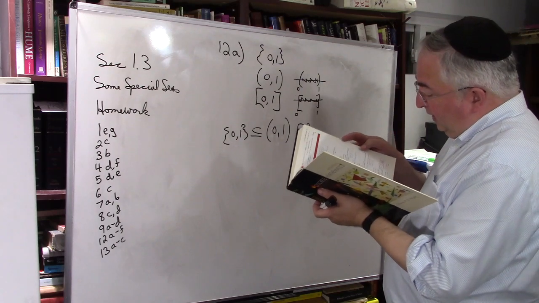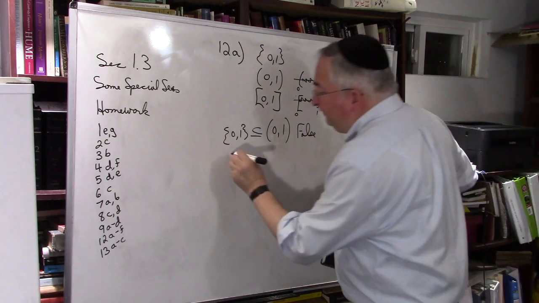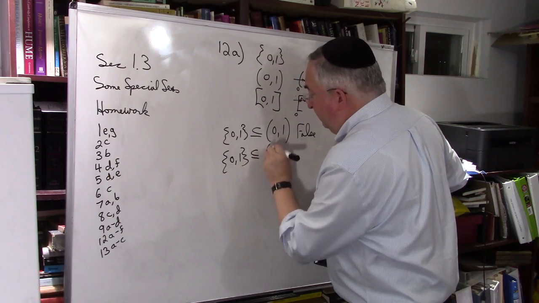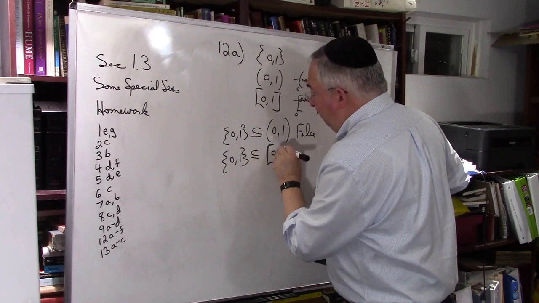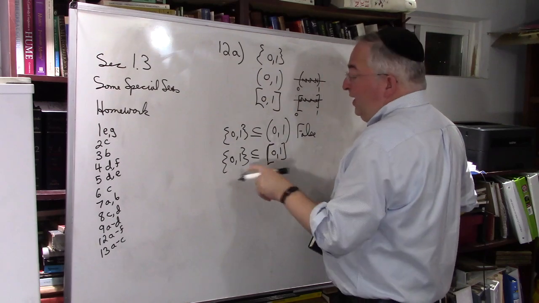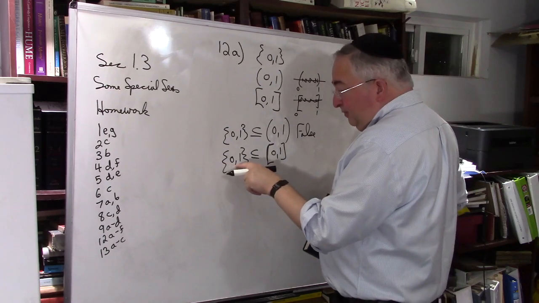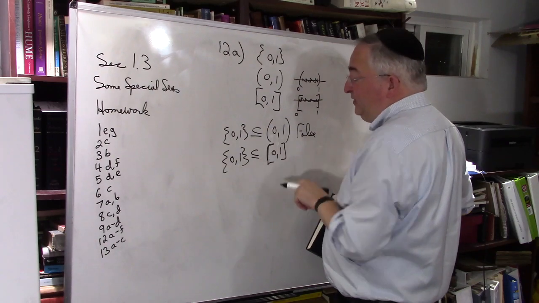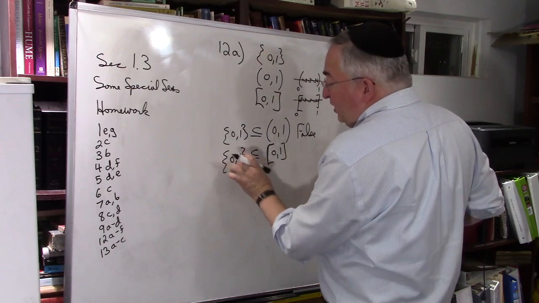12b is {0, 1} a subset of [0, 1]? Here these are 2 numbers, 0 and 1, and this does contain 0 and it does contain 1. You like to think of these as integers.